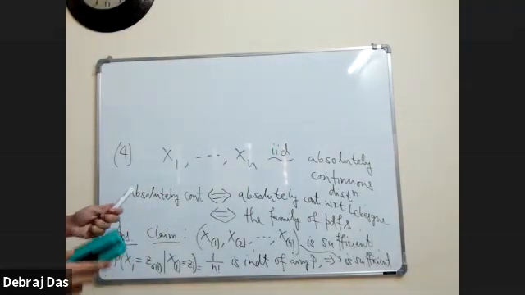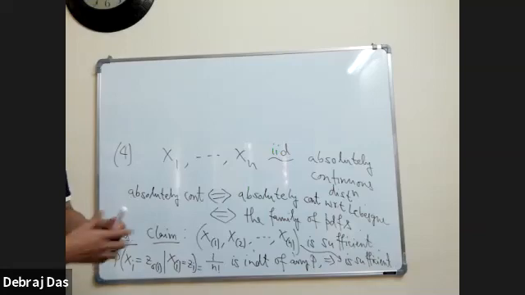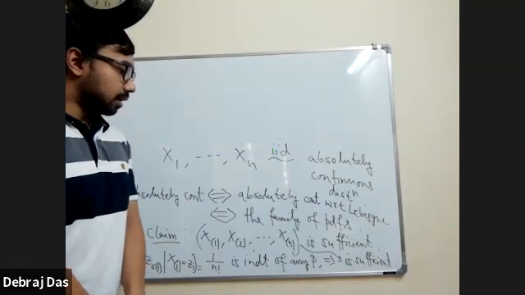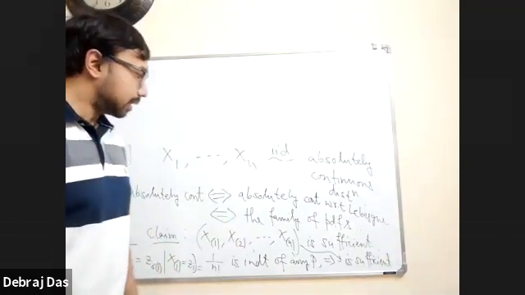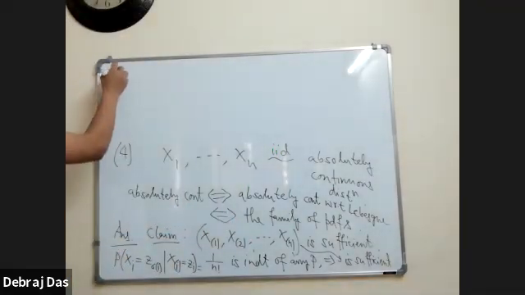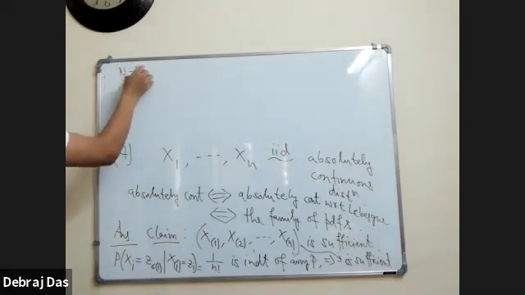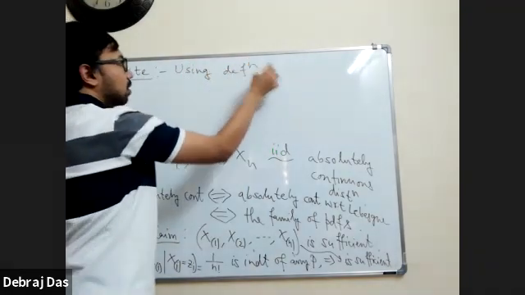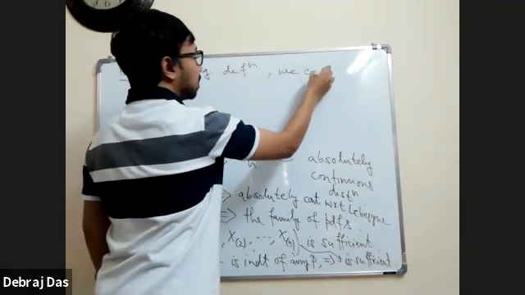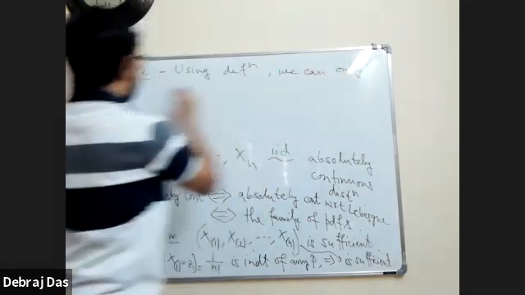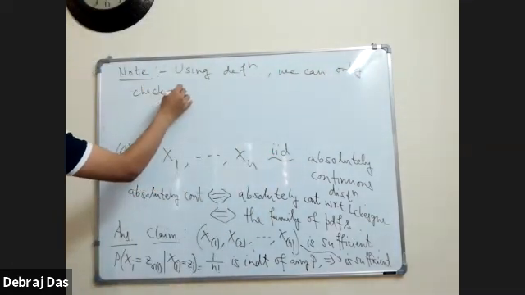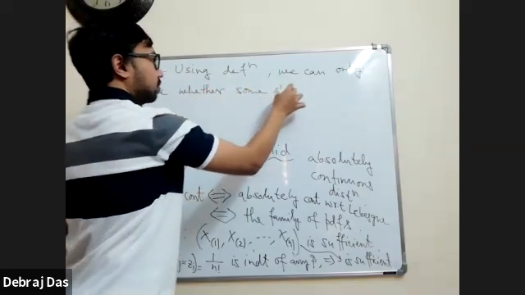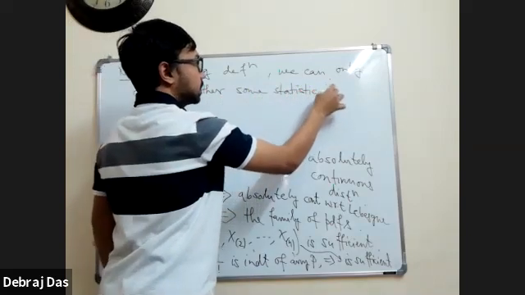Okay. So whatever examples you have seen till now, I have simply used the definition of sufficiency, nothing else. The point is that using the definition, we can only check whether some statistic is sufficient or not.